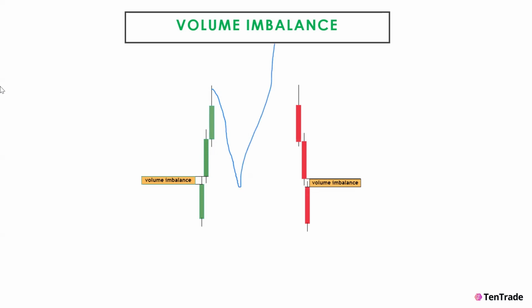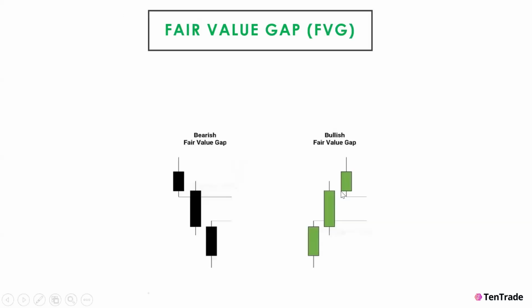You're going to be looking at all those in the chart. Then fair value gap. Fair value gap is the one you're going to see a lot on the charts, most especially those of you that are going to be advancing yourself on the angle of smart money concept.